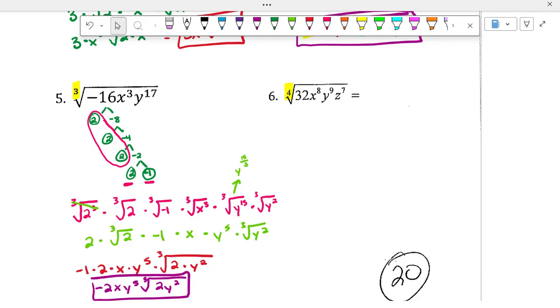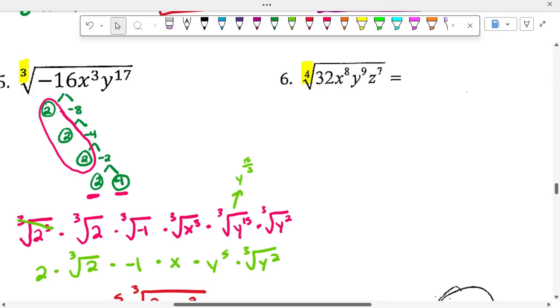All right, guys, let's go over this real quick before class ends. 32. How many groups of 4 did you have, and of what number? You broke it down. Well, no. How many groups of 4 did you have out of 32?